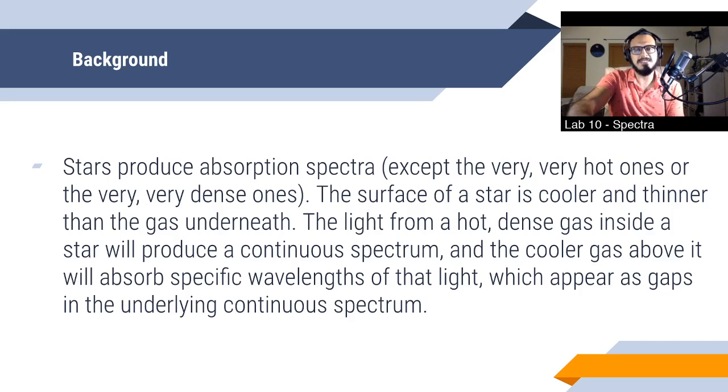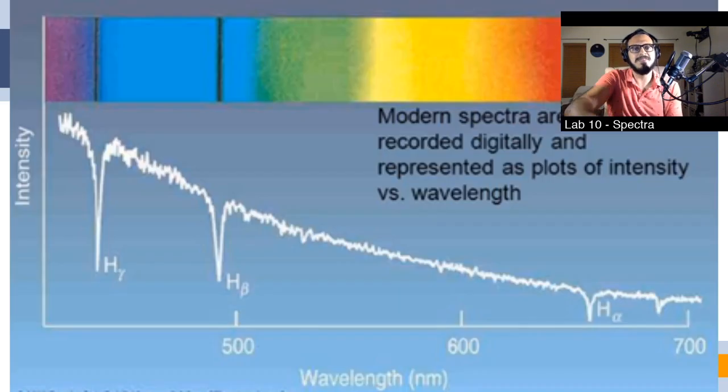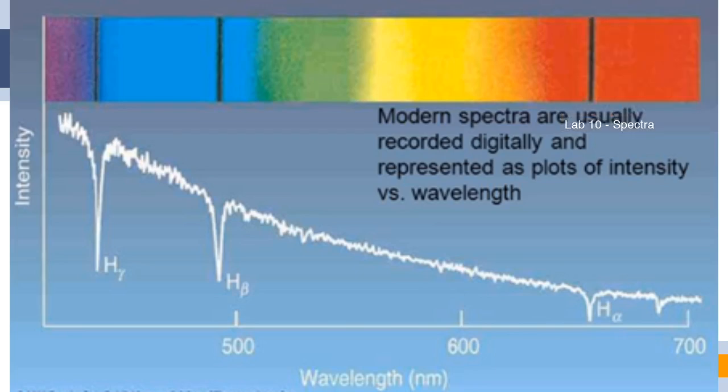So what exactly does that look like? Well, we have a graph. And again, I will make sure that I get out of the way so you can see. So here we have the spectra of something. Here it says modern spectra are usually recorded digitally and represented as plots of intensity versus wavelength. And you can see there are these dips in the lines of the intensities that match up with the dark bands that are in what would be the continuous spectra.